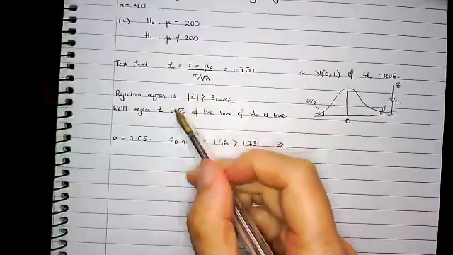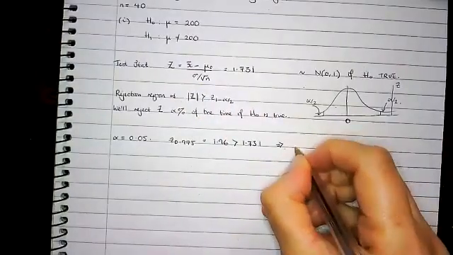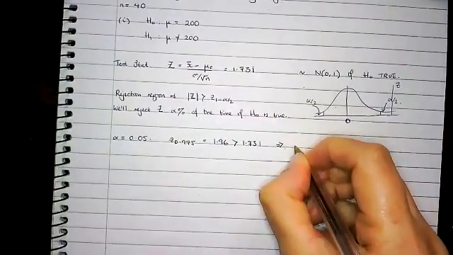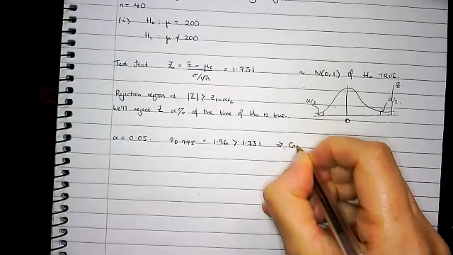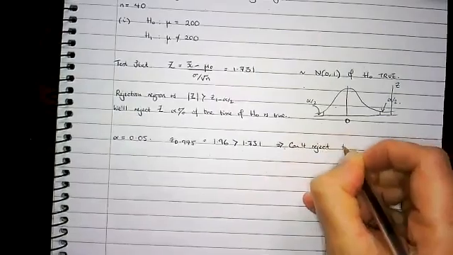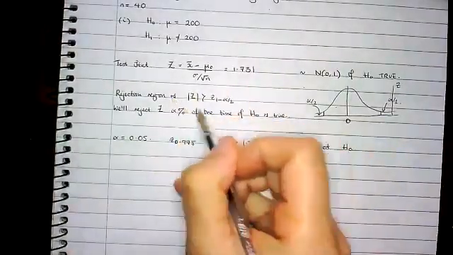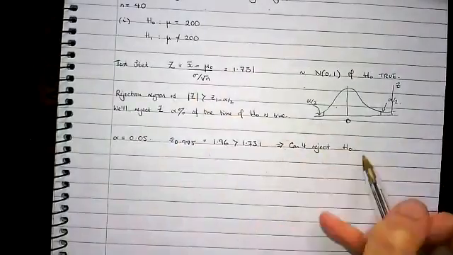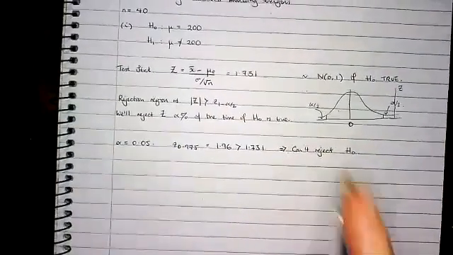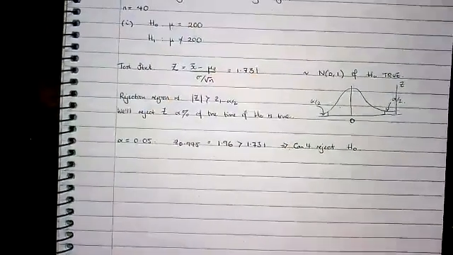In that case, this condition is false. So this is not true, so I can't reject H0. I've not got enough evidence to dispute the company's claim that mu is equal to 200.